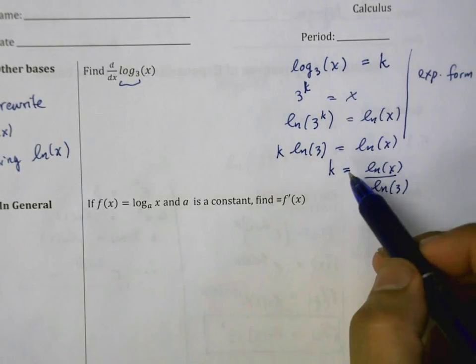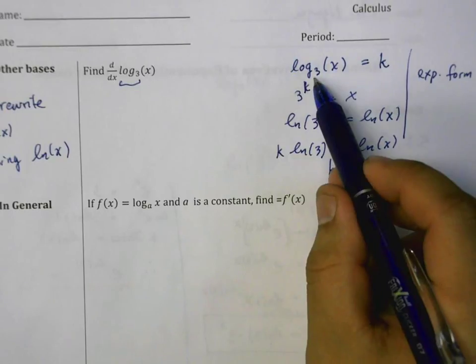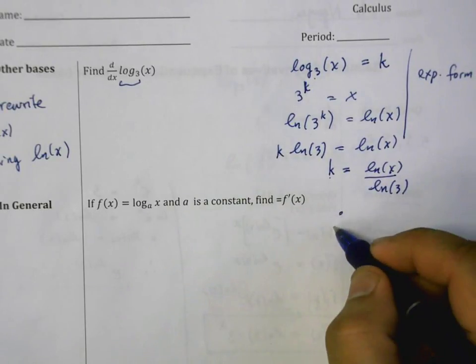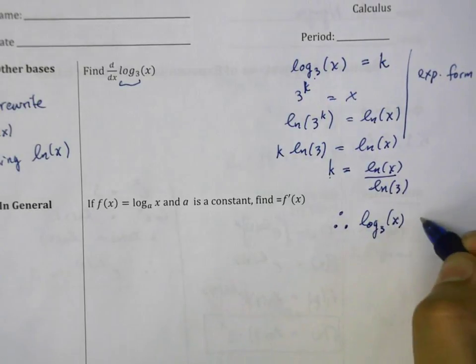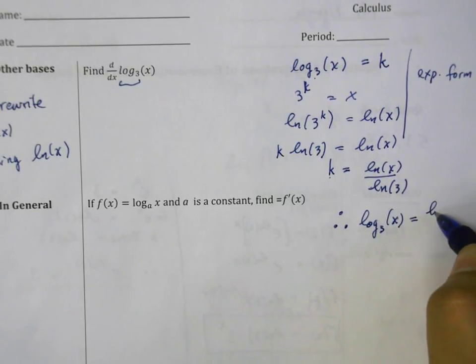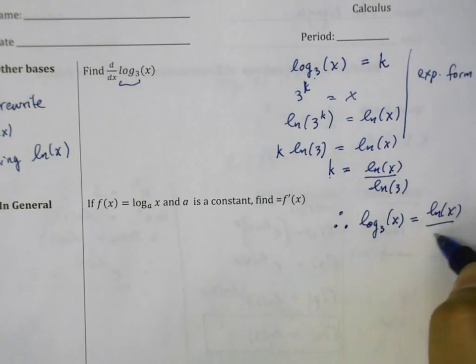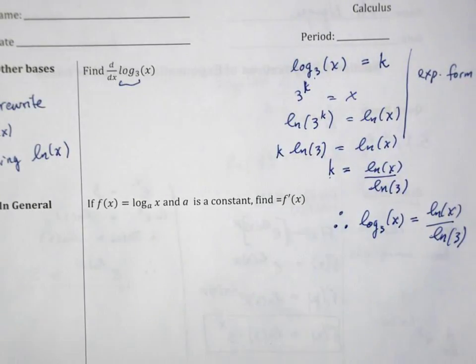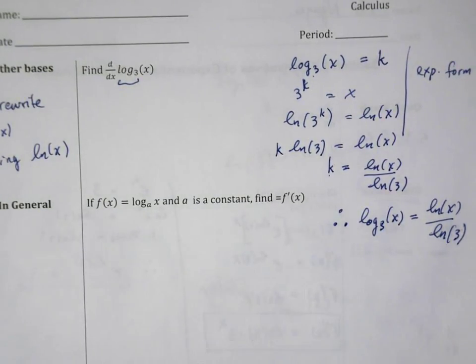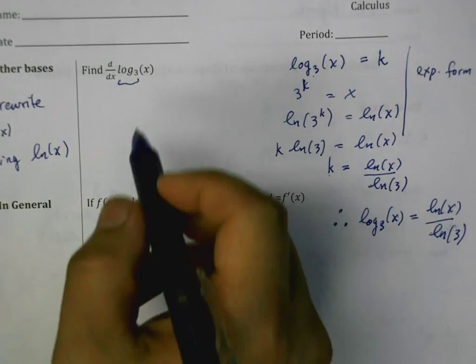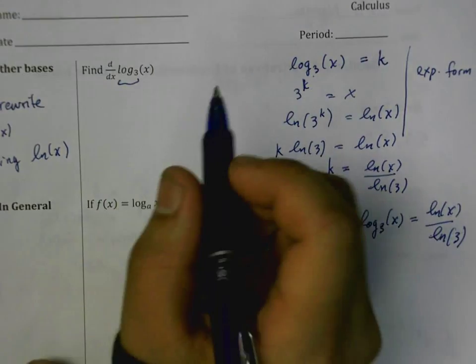But wait a minute, k is equal to log base 3 of x. So therefore, log base 3 of x is the same as natural log of x over natural log of 3. So what this allows us to do is rewrite any logarithm in any base in terms of natural log. So now we can do this problem.